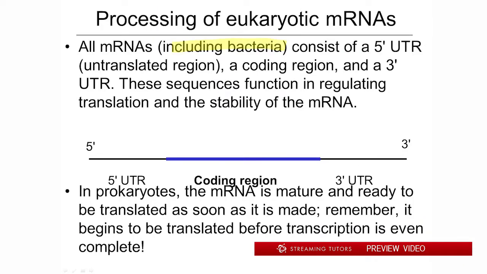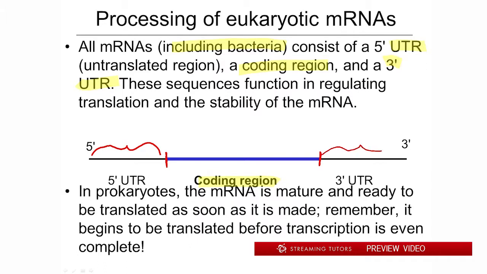Whether it's in bacteria, eukaryotes, whatever, when the whole entire RNA molecule is released away from the DNA, in other words, it's complete, it's finished, not only does it have a coding region, the part that actually has the information that's going to get translated into a polypeptide, but there's also a 5' so-called UTR, or untranslated region, located in this area, and then there's a 3' UTR also at the other end.